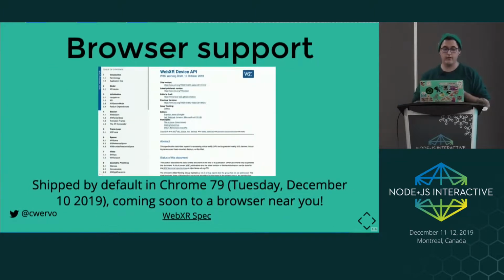And the final really exciting thing that happened on Tuesday was that Chrome was the first browser to ship the WebXR API not behind a feature flag. You don't have to turn anything on. As of Chrome 79, I'm pretty sure, it just works.